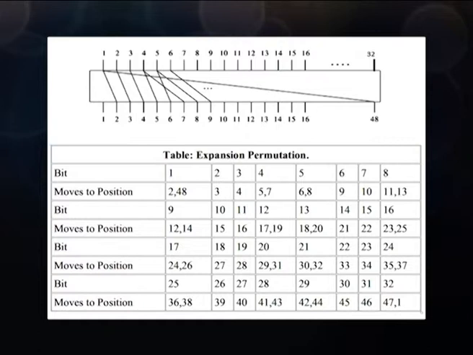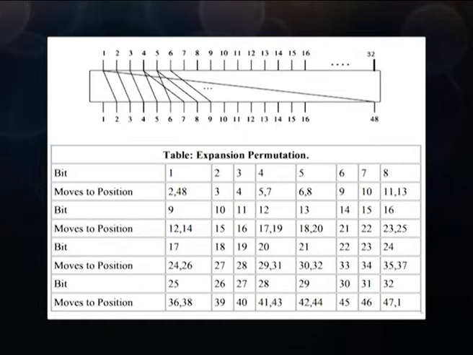Since this is an expansion permutation, some bits move to more than one position. Each row of the table shows the movement of 8 bits. As shown in the table, bit 1 moves to position 2 and 48 of the output, while bit 2 moves to position 3.